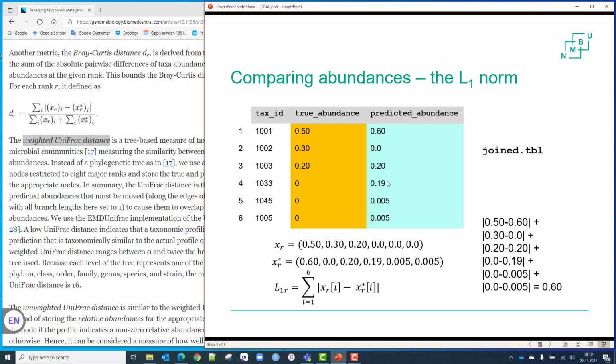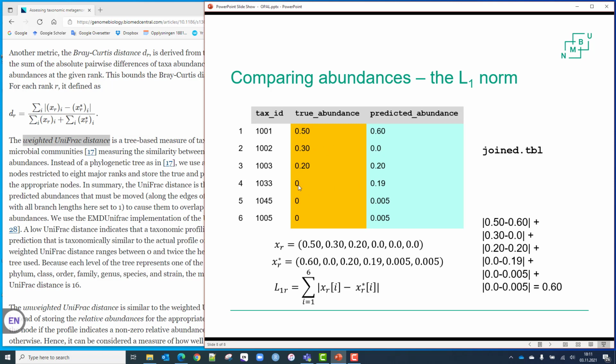Well, very much has to do with this row here, row 4, and row 2, right? Because here in row 2 we have taxon 1002 is actually quite abundant, but we predict it not to be there at all. It's a big miss here, right?